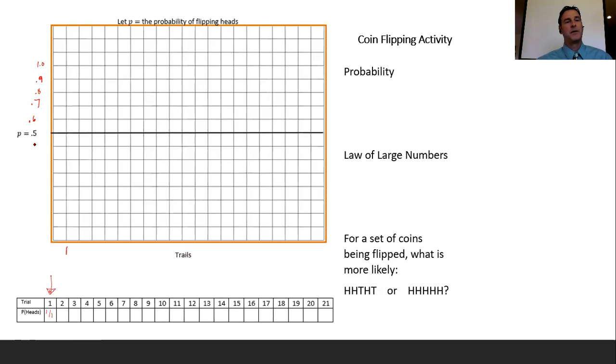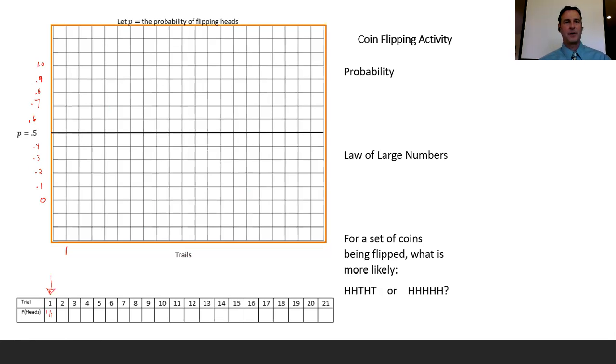And I'm going to go in the reverse direction on the lower side as well: 0.4, 0.3, 0.2, 0.1, and 0. That's as far as I need to go because I can't have a probability below 0 and I can't have a probability bigger than 1. Again, we'll talk about that in a little bit.